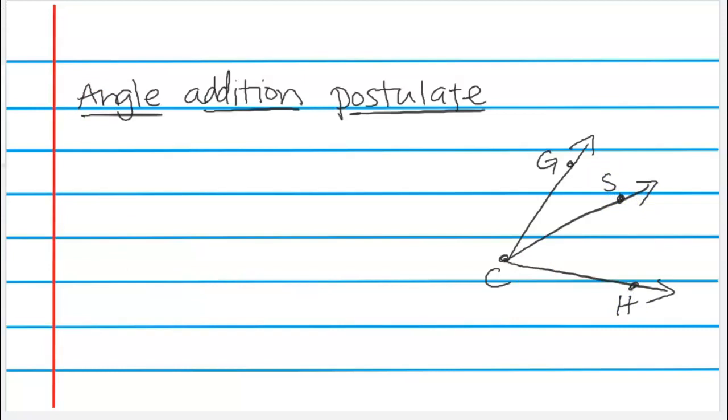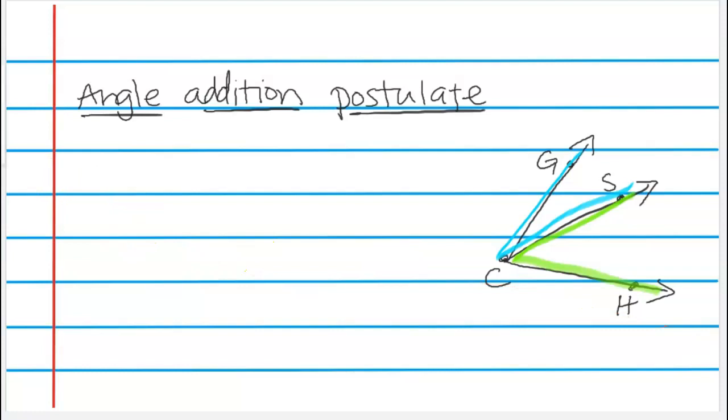Okay, so the angle addition postulate, if I think about those two angles that are adjacent to each other, they actually come together to create a larger angle, which is angle GCH. So these two smaller angles, GCS and SCH, can be combined together to make angle GCH.